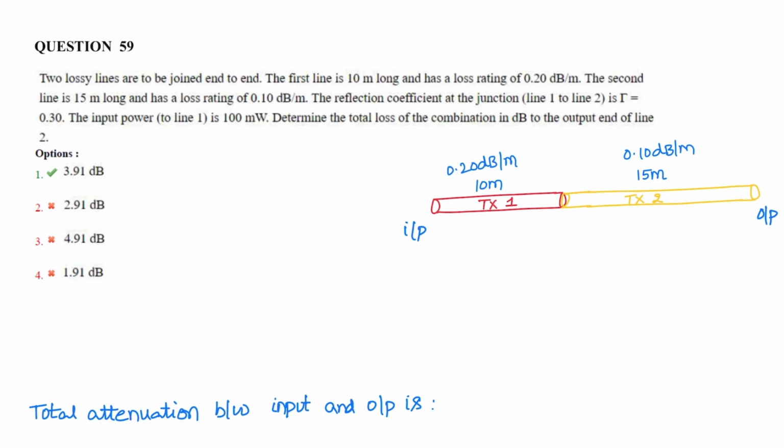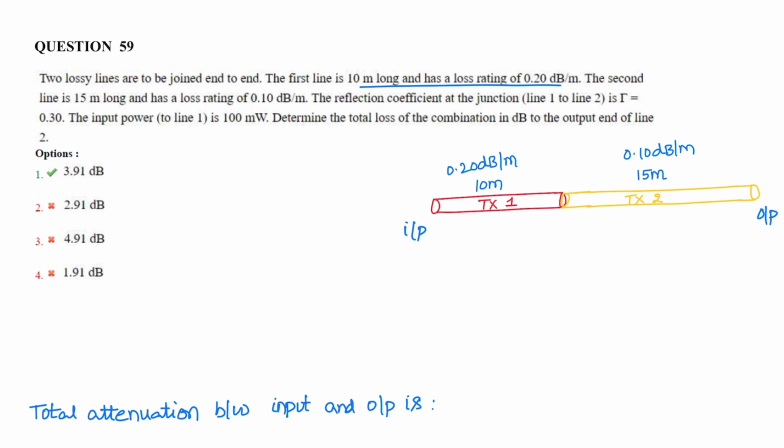Next question. Two lossy lines are joined end to end. The first line is 10 meters long with a loss rating of 0.2 dB per meter. Similarly, it is connected to another transmission line of length 15 meters with 0.1 dB per meter.